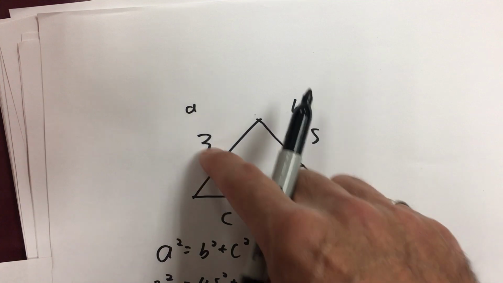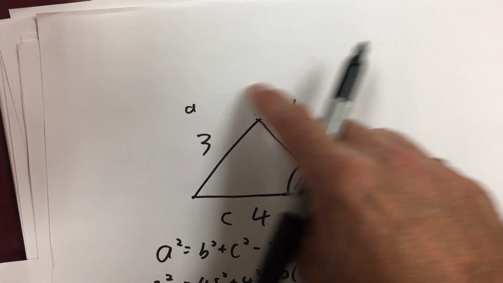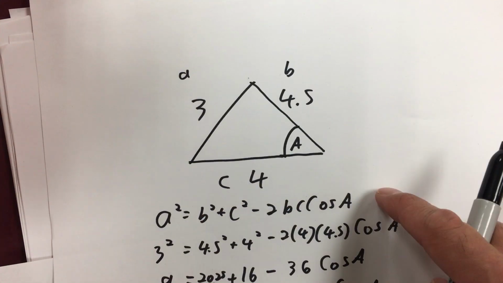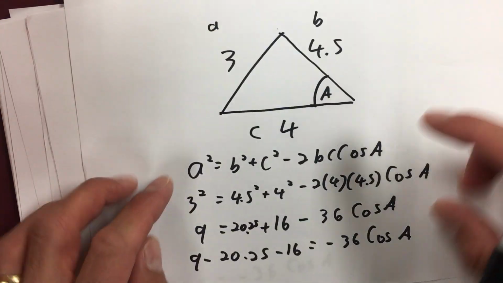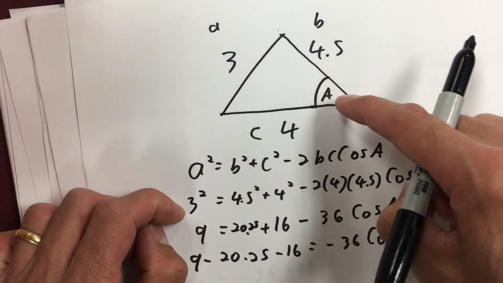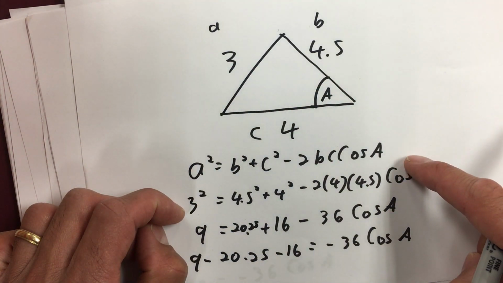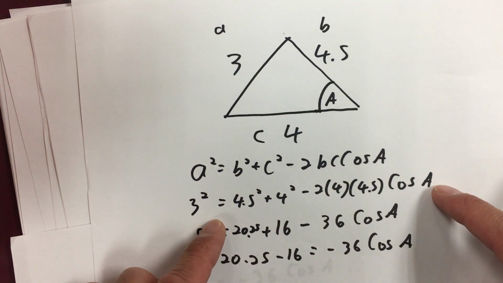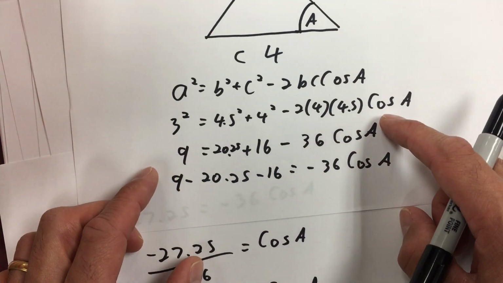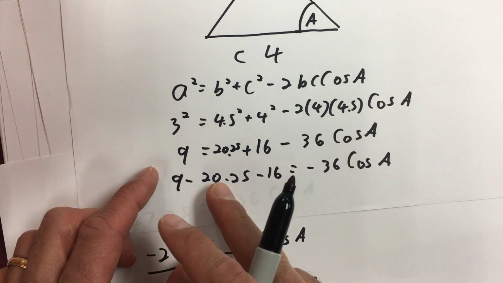To recap, if you know 3 side lengths of a triangle, you can use those side lengths to find any angle. Write down the cosine law, but realize that whatever side you use as A will be the side length across from the angle that you end up finding. Put in all of your numbers, and then apply your rules of algebra to get all the numbers on this side.